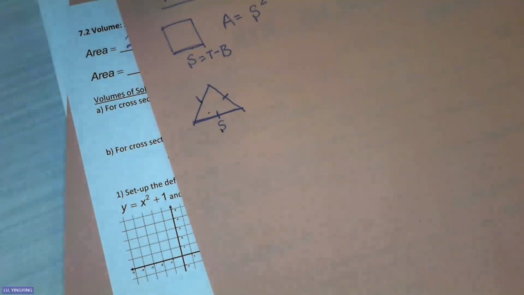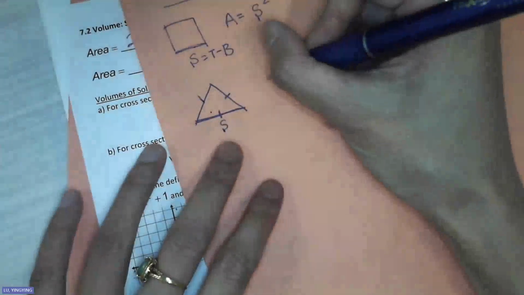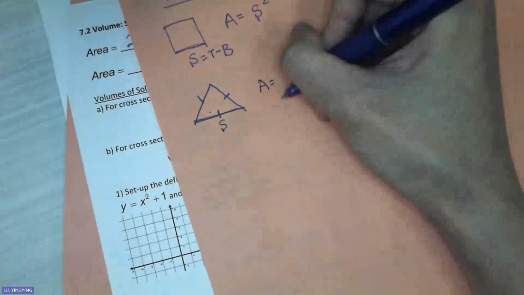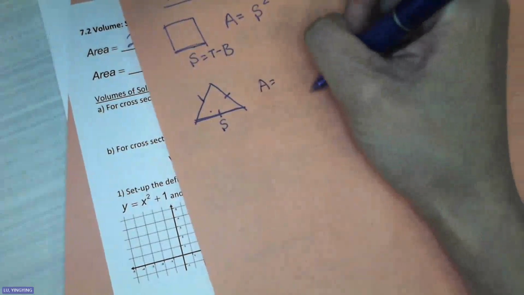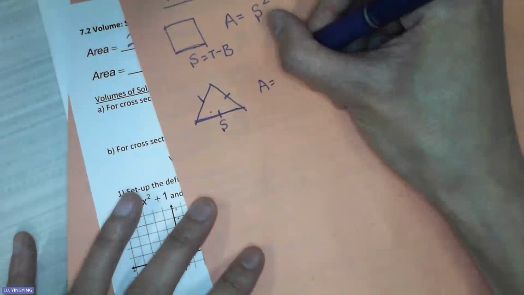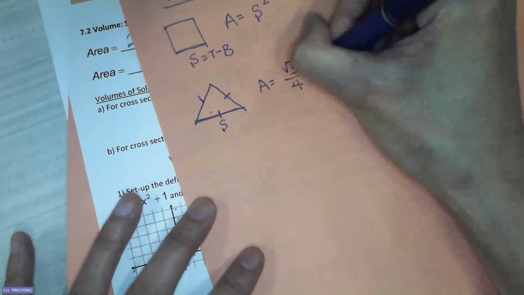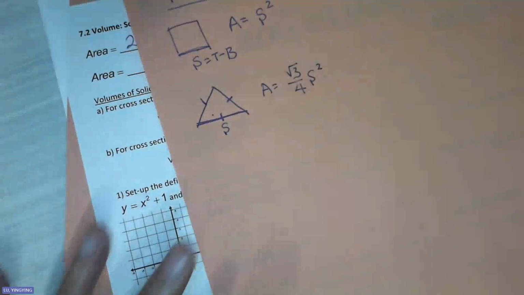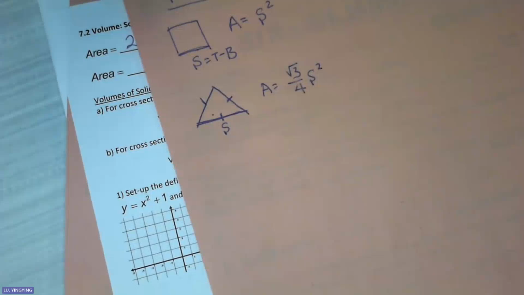It's the 60-degree angle thing. So basically, the area will be 1/2 times √3/2 s times s because it's base times height. So it is √3/4 times s squared. That's the one we're using. We don't use 1/2 base and height. You don't want to use two different variables. You can only use one variable. Okay, so that is the equilateral triangle.